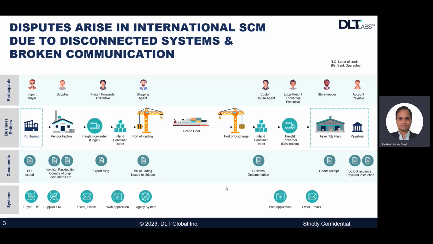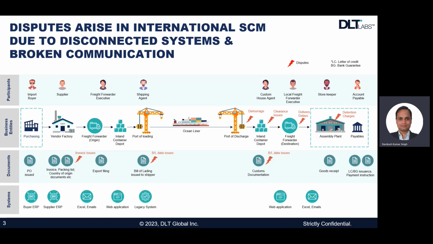So throughout this supply chain, we can see that there are numerous systems which are in place, which are making the lives of the various participants pretty much easy in their organization. But because these are disconnected systems, they are liable to have various errors, which eventually are being raised as disputes by the different stakeholders.